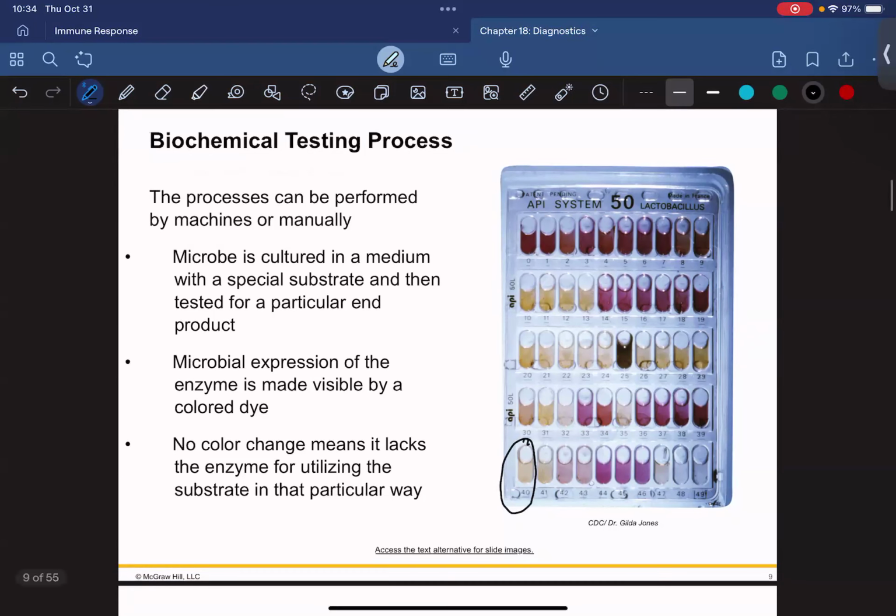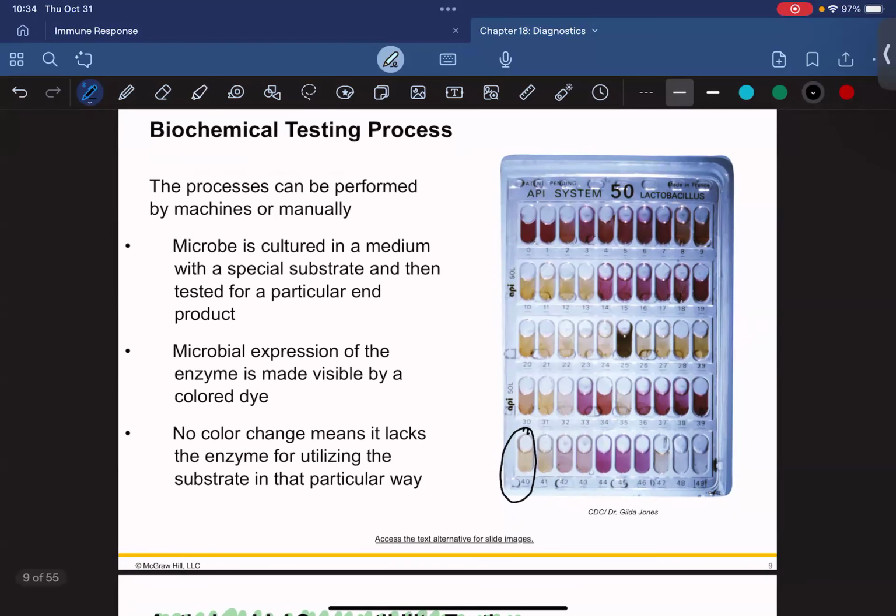But it's very useful for microbiology labs at hospitals where you are not sure what your organism is. If your patient comes in sick and you have no idea what it is, you can't run PCR on that. Why? Because you don't know what PCR test to run. What primers do you use if you have no idea what your patient has?